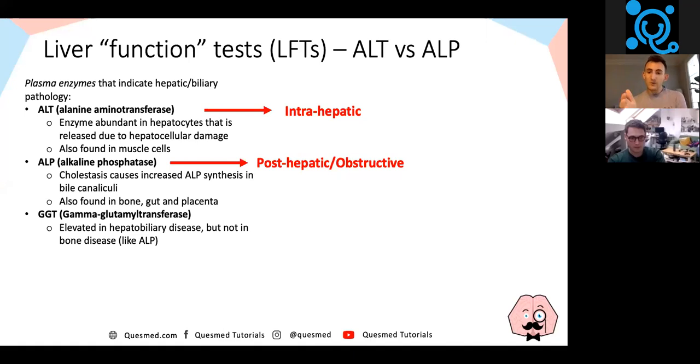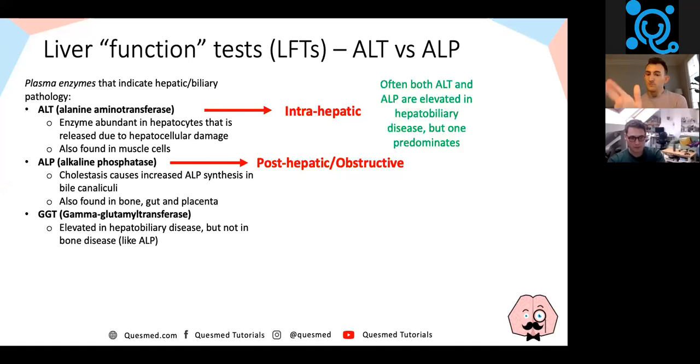So if the ALT is 120, then it's 3 times the upper limit of normal. Whereas the upper limit of normal for ALP is around 130. So ALP could be 120 as well, but the ALP would be normal, and the ALT would be very elevated, which would imply an intrahepatic cause. So that's an important thing to remember. As I say, one often predominates.